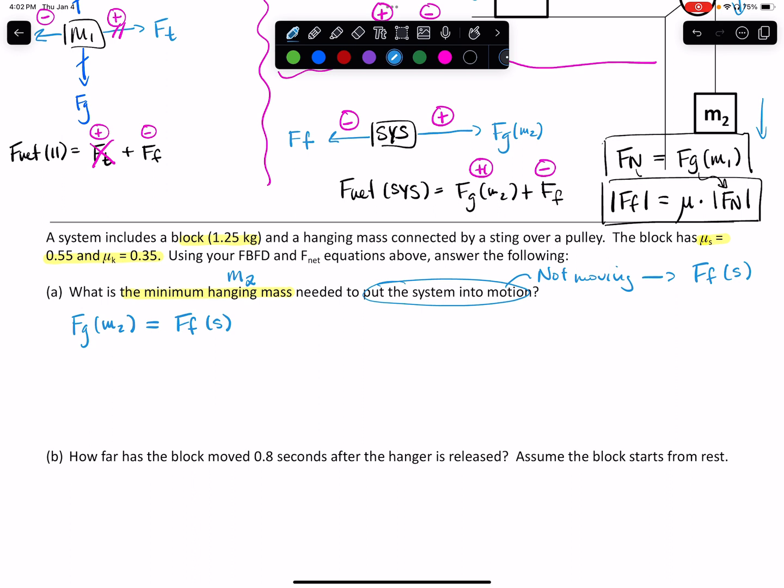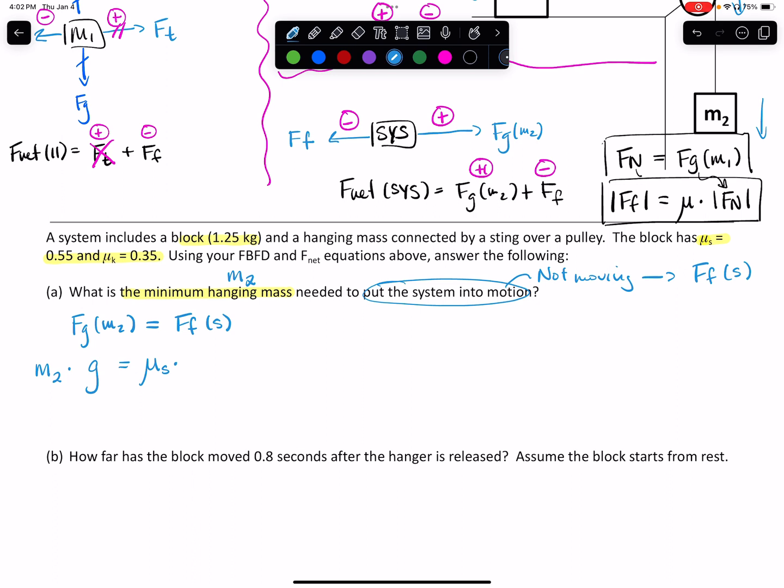With that in mind, I'm going to start substituting in for both sides of this equation. For the force due to gravity for mass 2, I'm going to plug in the value for mass 2 and then the value for gravity. And then for friction, I'm going to need to use the static coefficient of friction and then the normal force, which we said above is equal to the force due to gravity on mass 1.